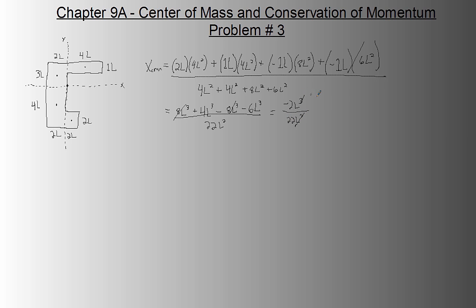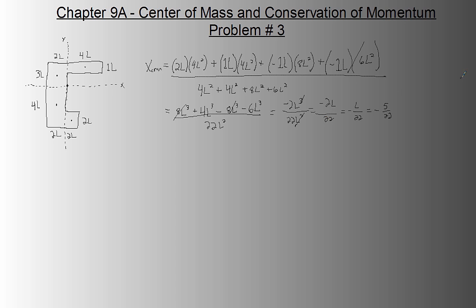These cancel with 2 of those, so we get negative 2L over 22, or negative L over 22, or L is 5 in this problem, 5 centimeters, so we're going to stick that in there. Negative 5 over 22. Oops, I didn't simplify correctly.